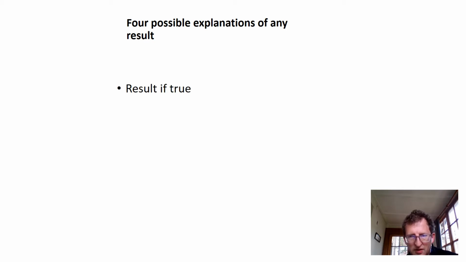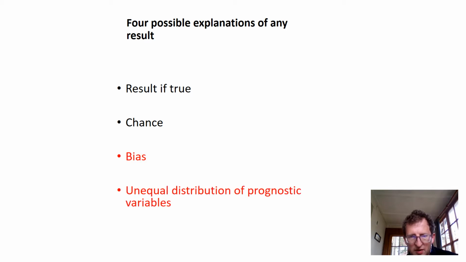We pointed out that there's the possibility the results are true, chance, bias, or an unequal distribution of prognostic variables. And we said that the whole point, before you look at a result, is you really need to know what the role of these other 3 is first. And we pointed out that internal validity deals with these first 2. We defined all these things during the talk.